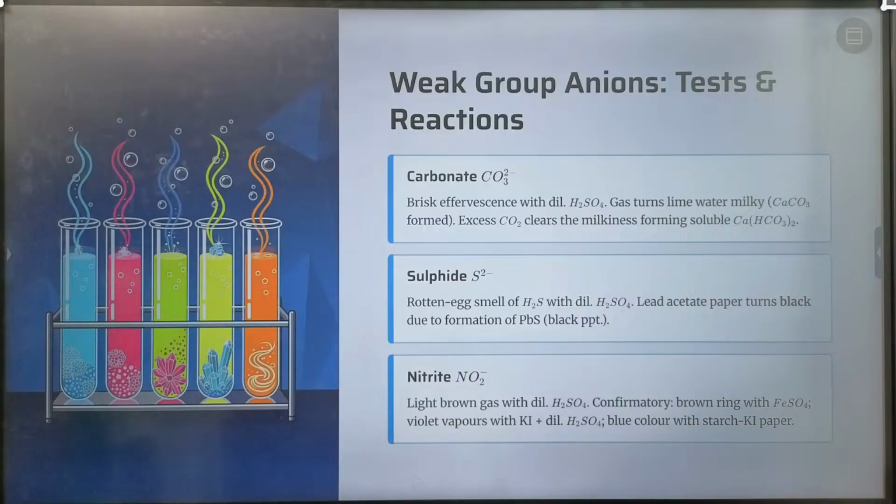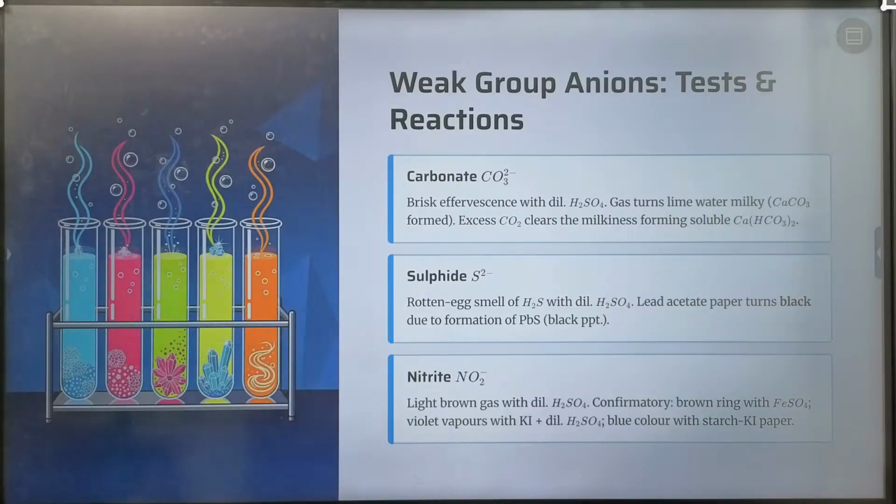And when you continue to pass the gas again and again, the white precipitate formed slowly starts to disappear, which means that it dissolves.